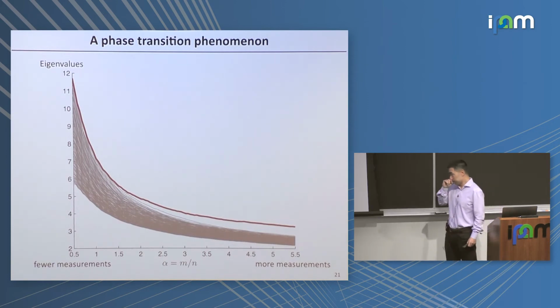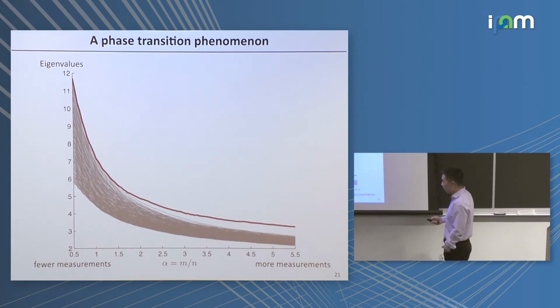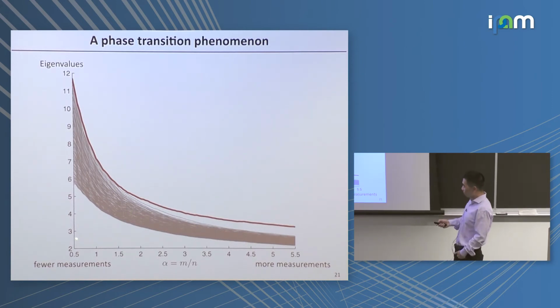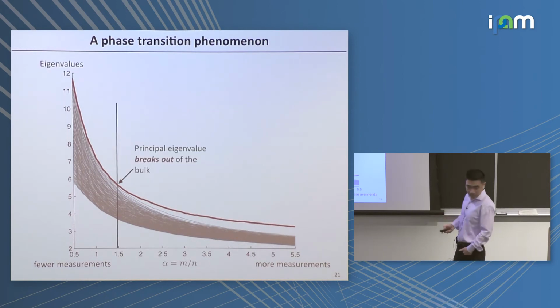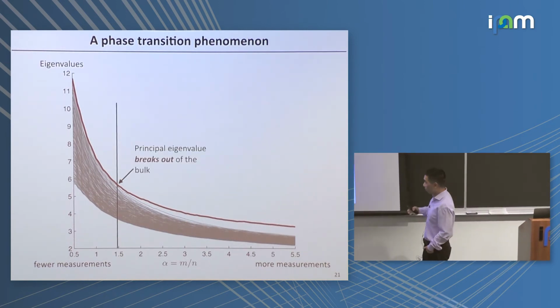Also, for this type of problem, typically there is a phase transition behavior. This is just a simulation. The x-axis is the sampling ratio, and the y-axis shows all the eigenvalues, with the top line, the red line, being the top eigenvalue. You can see that at a certain point, the top eigenvalue starts to separate from the bulk.